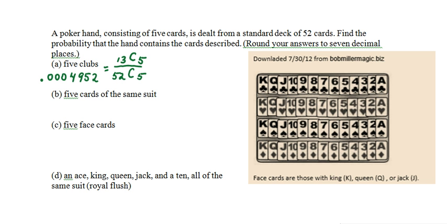Five cards from the same suit would be the probability that we had for clubs times 4. So 4 times 13C5 divided by 52C5.